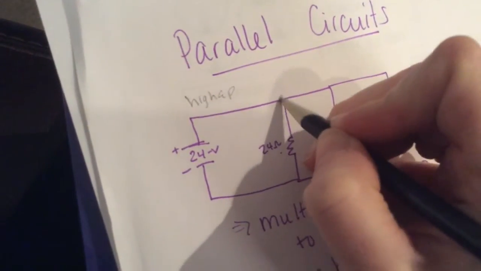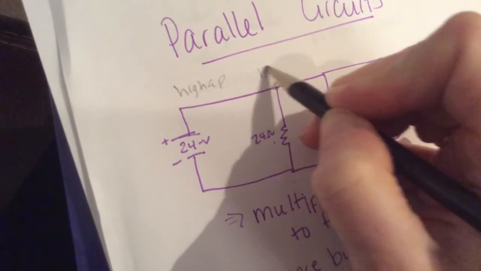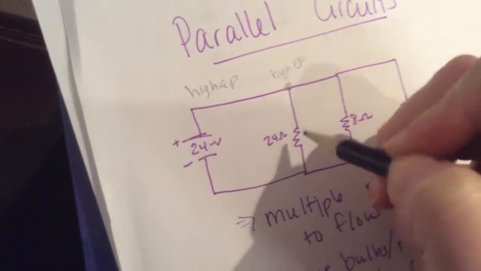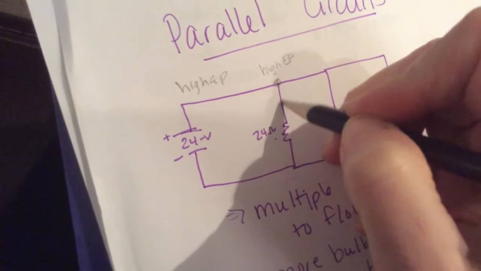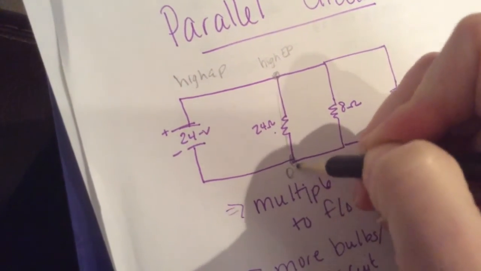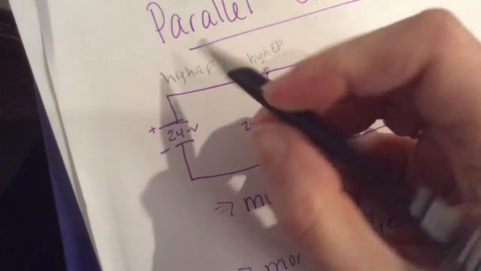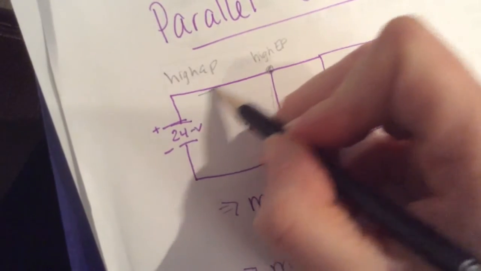As it moves here, it hasn't lost any, so it still has high electric potential. Once current goes through here, it's going to have 0 electric potential as it comes back to the battery.